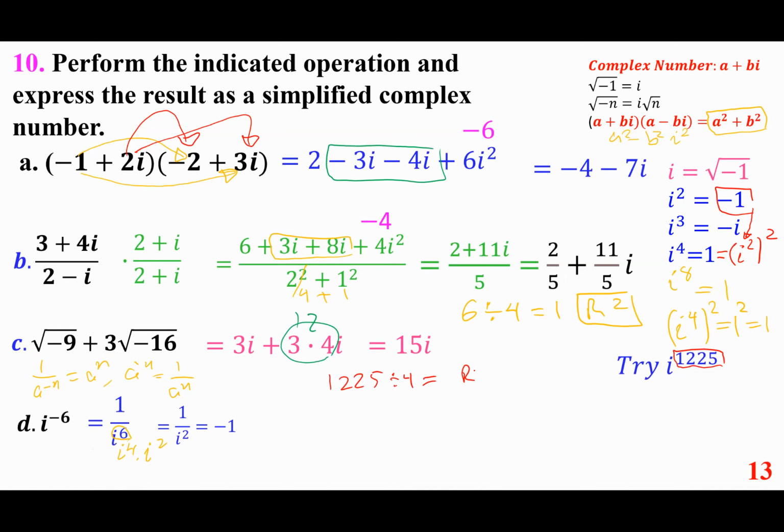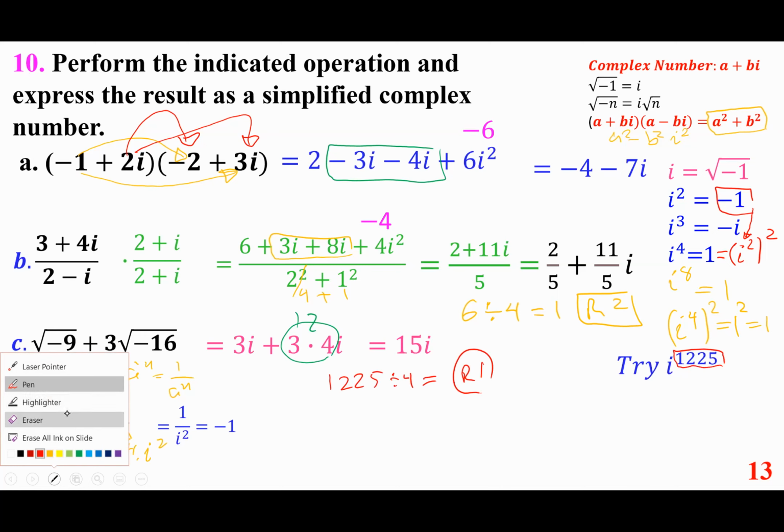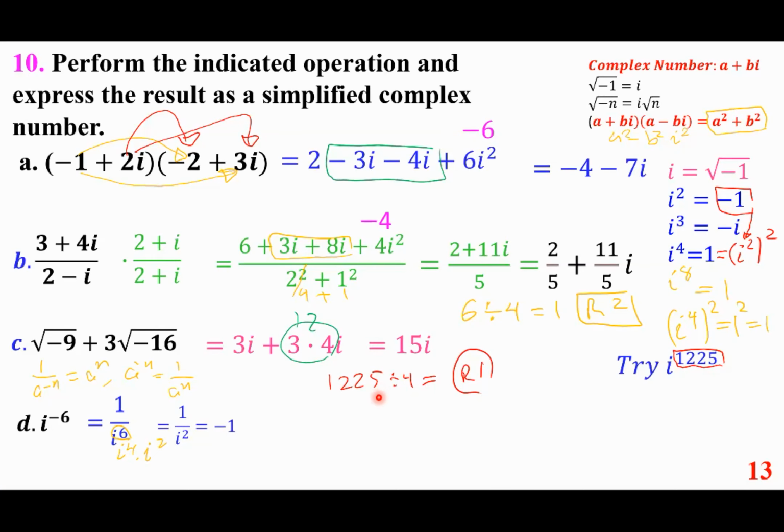It doesn't matter what the quotient is because that goes away, becomes 1. And if you divide it, the remainder is 1. By the way, how do you know that? You may remember from basic math that if you're dividing by 4, you look at the last two numbers, 25. If it's divisible by 4, it's divisible. But this one, 24 is, so the remainder is 1. So this is the same as I to the power of 1, which is I.